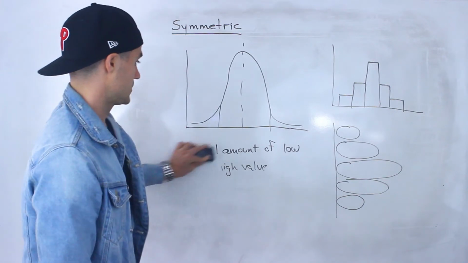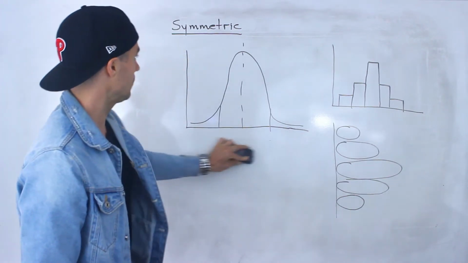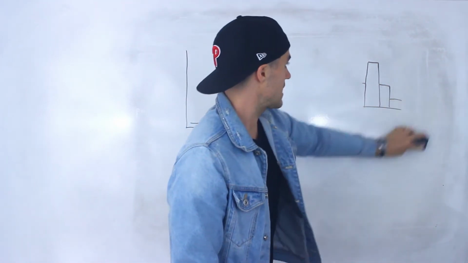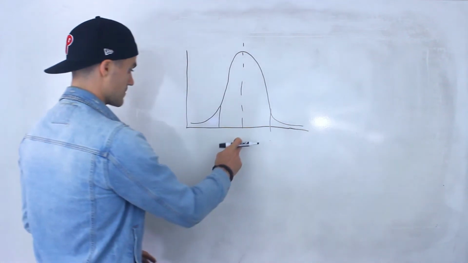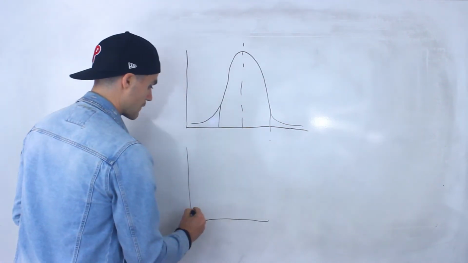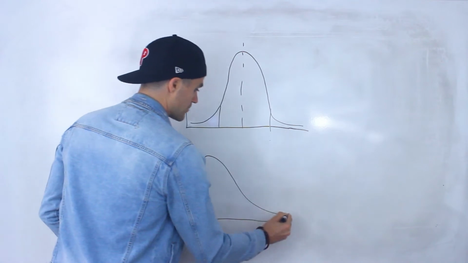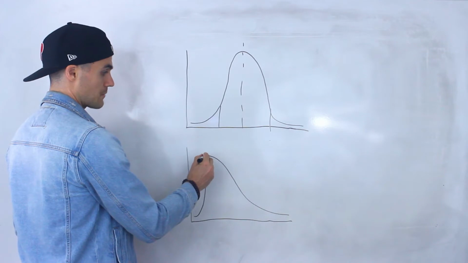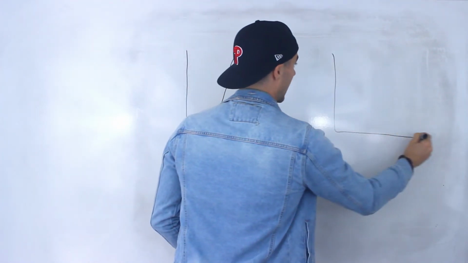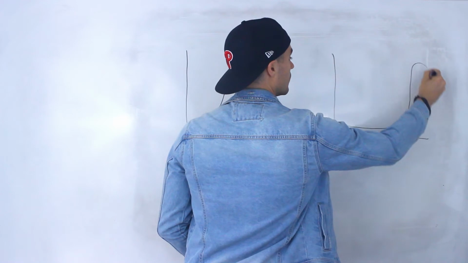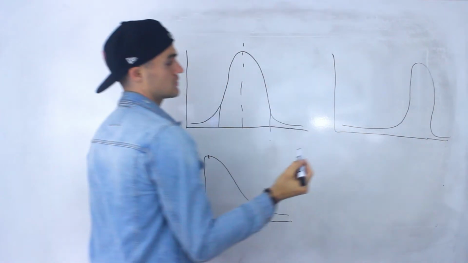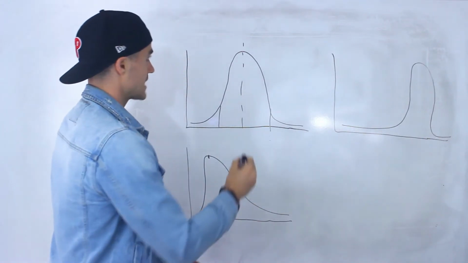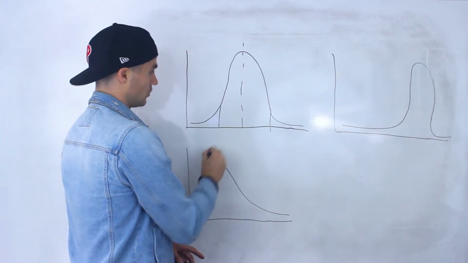Now, one thing I want to mention is notice that, I'm going to draw out these density curves again, that for all these density curves that I've drawn out, for a symmetric density curve, or if we have a positively or a skewed to the right distribution where that peak is here, or we have a negatively skewed distribution like that, skewed to the left, notice that each of these, they have a single peak.